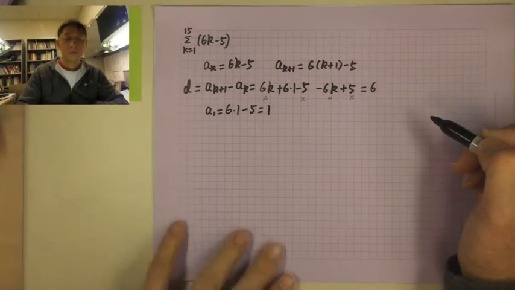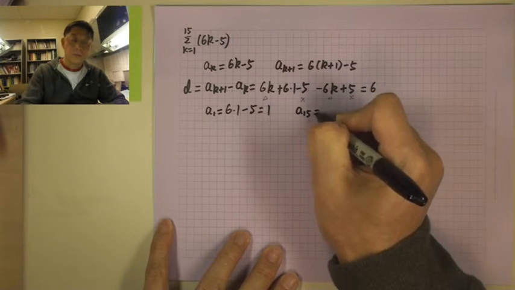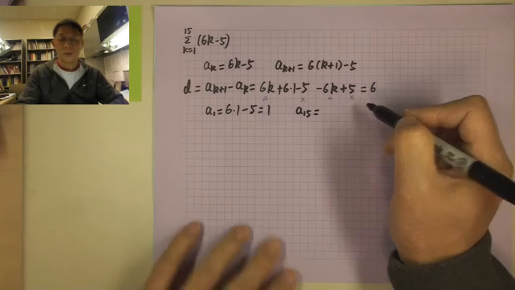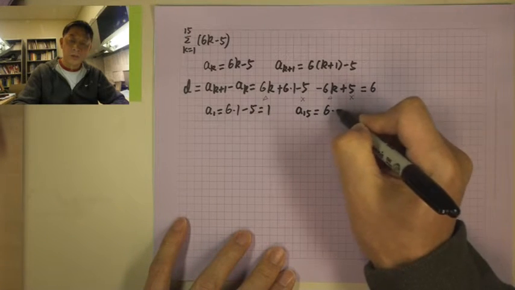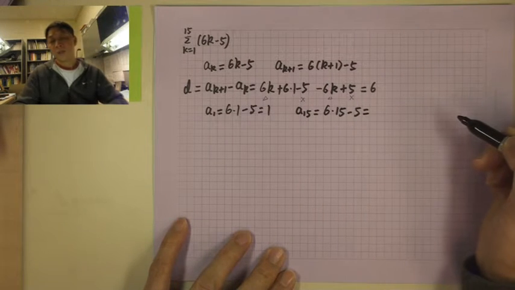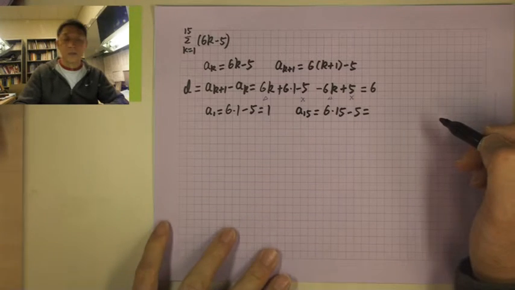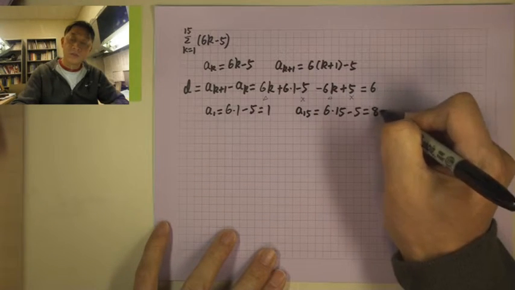The last one is A15, the last term. So you have 6 times 15 minus 5. 6 times 15 is 90, minus 5, then you have 85.